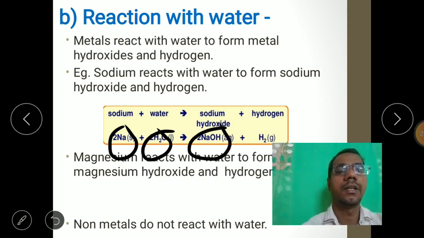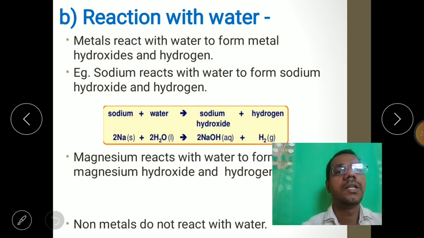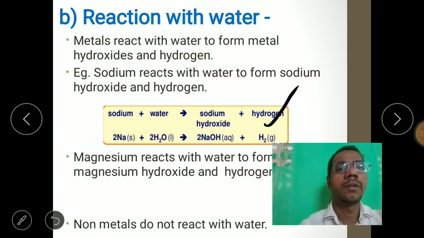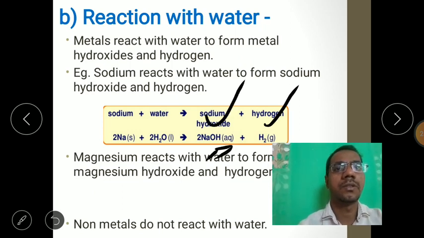If any compound contains OH, then it is called a hydroxide, with the evolution of hydrogen gas. It means in each reaction, which gas is evolved? Hydrogen gas is evolved. In each reaction, which compound is formed? A compound which contains OH. If a compound contains OH, then we can say that it is a hydroxide.